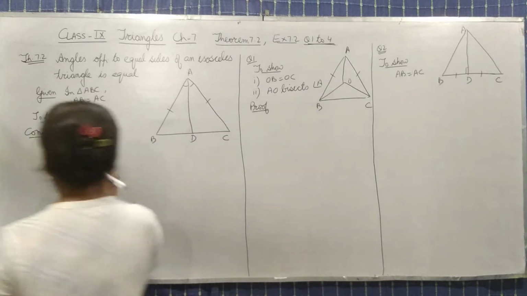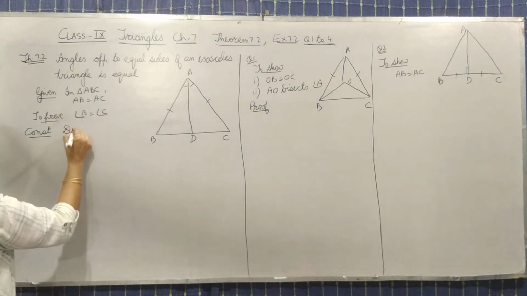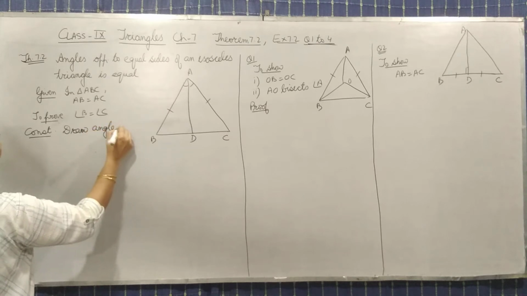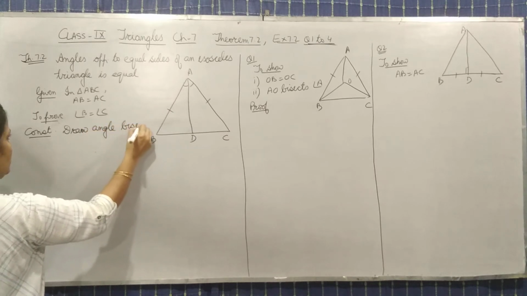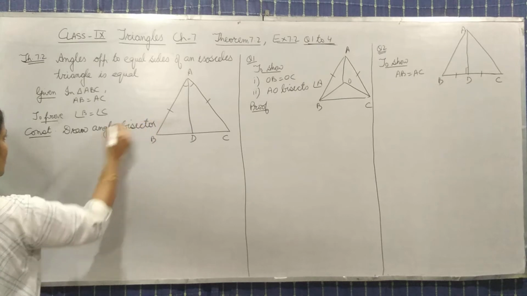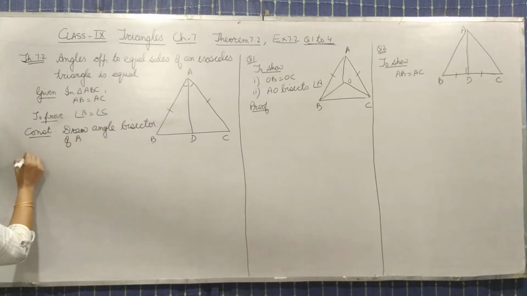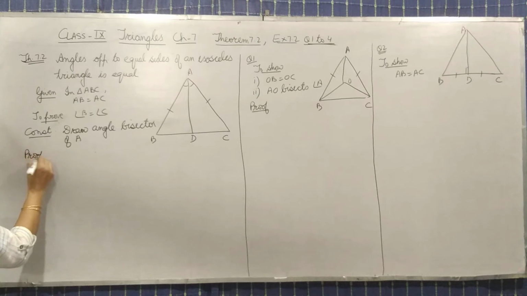So the construction is: draw the angle bisector of A. Okay, now we will go for the proof part.